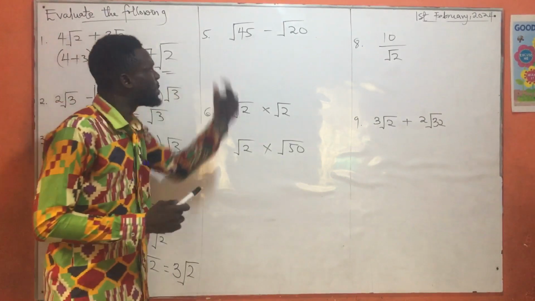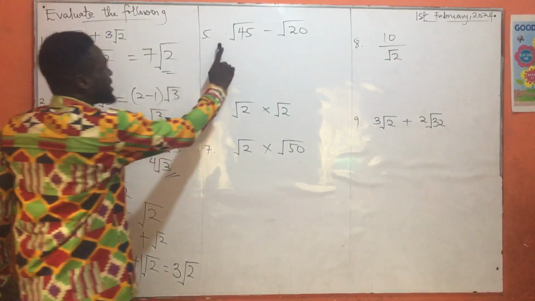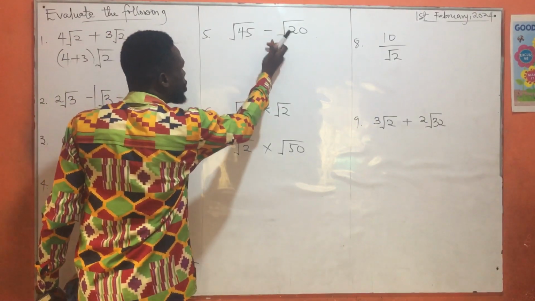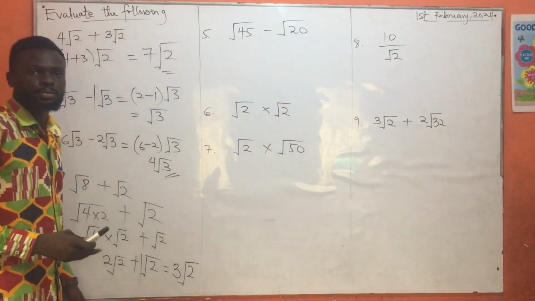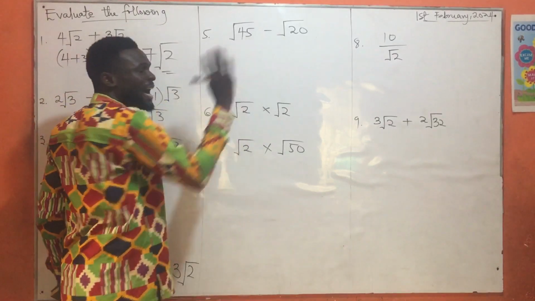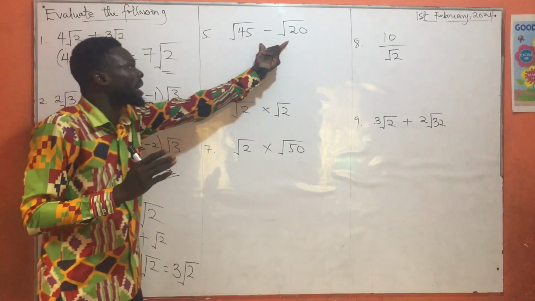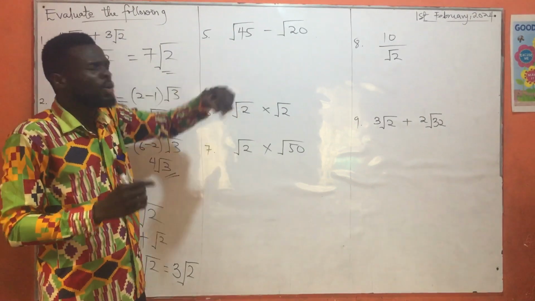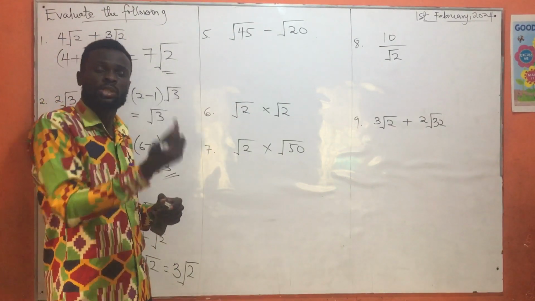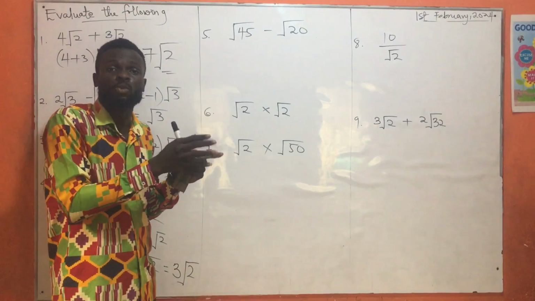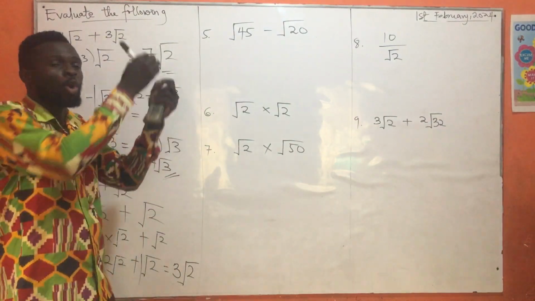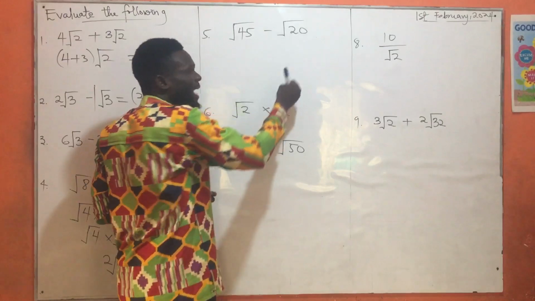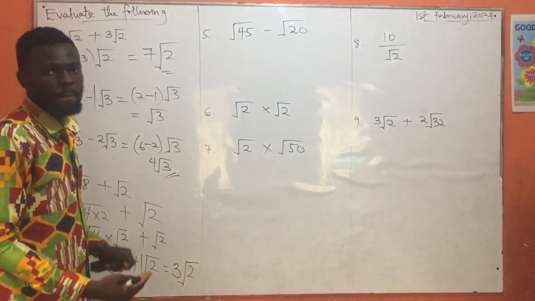Now let's look at the number 5. You have surd 45 minus surd 20. These two surds are not the same, so we cannot subtract them, but we can do something to the two surds so that the subtraction will be possible. That is, converting each of the surds into a basic form.